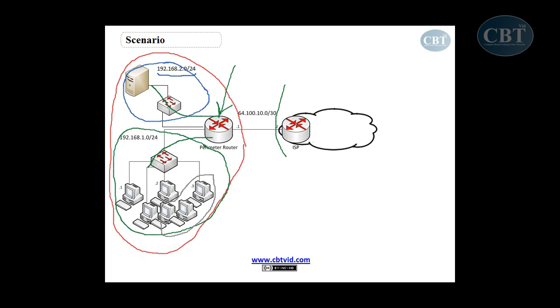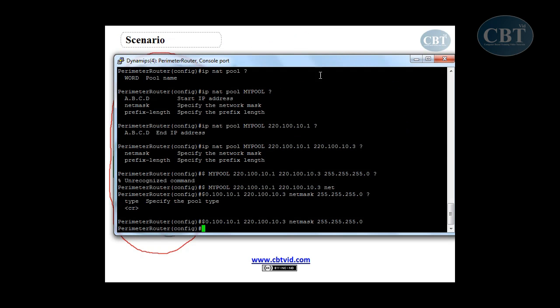So for that purpose, I'll create an access list. In that access list, I will tell these people are allowed and these people are not allowed to get access. Whatever, I will explain later. So next step, configure an access list.